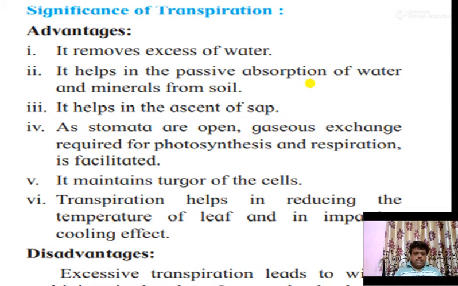Fourth, as stomata are open, gas exchange required for photosynthesis and respiration is facilitated. Fifth, it maintains turgor of the cells of the plants. And sixth, transpiration helps in reducing the temperature of the leaf and imparting a cooling effect. So these are different advantages.